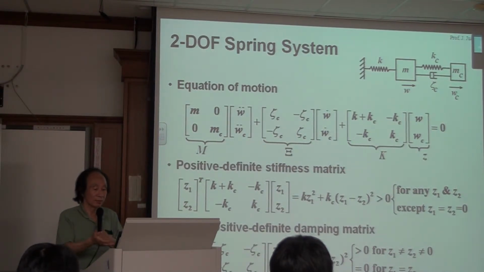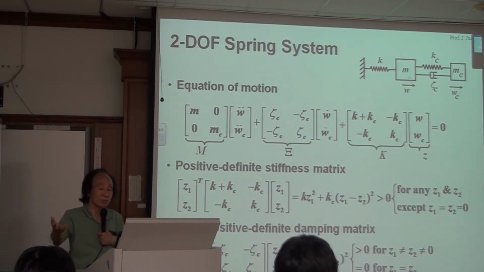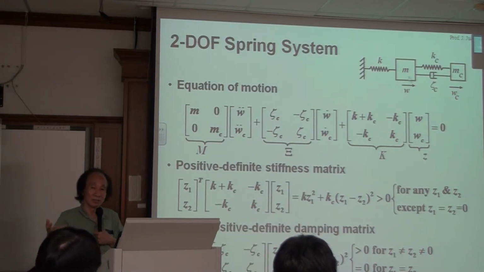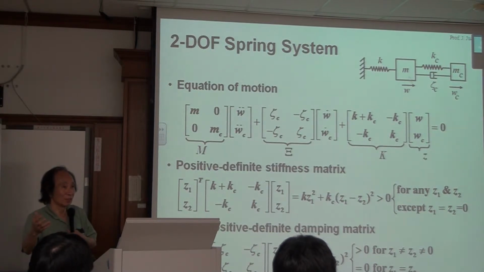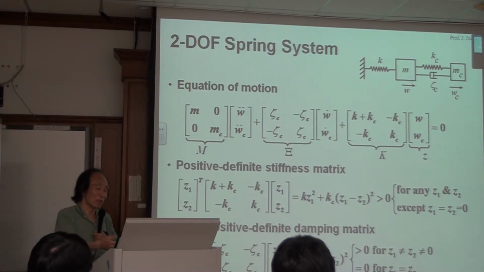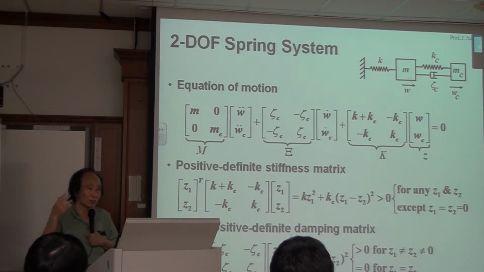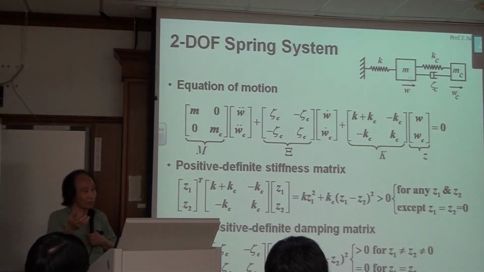So that is the 2-degree-of-freedom system, and this is similar to your homework 3. Your homework 3 is the TMD, but you can implement your TMD using a feedback system like this. The advantage of the active TMD, well, I call it AVA, is that you can change your KC, you can change your ZLC. If you are not satisfied with your performance, then you can change the KC, ZLC.